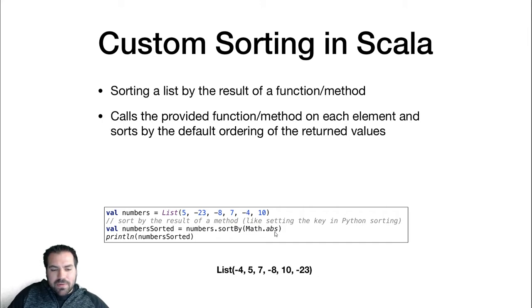We'll give it the absolute value function, and the sortBy method is going to apply the absolute value function to all those values, and whatever the return values are of the absolute value function, that's what these values are going to be sorted on. So now we get the absolute value ordering, from least to greatest magnitude, not least to greatest value.